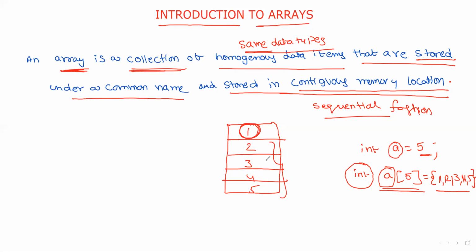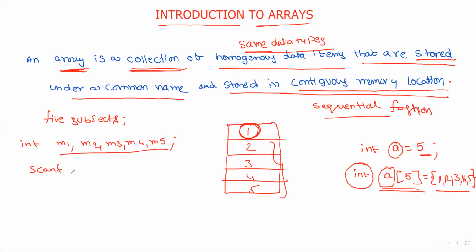And one more thing, why are you using the concept of array? We already have the concept of variables. What is the need? For example, you have to read marks of 5 subjects. What is the procedure? The procedure is int m1, m2, m3, m4, m5. We have to declare 5 variables.